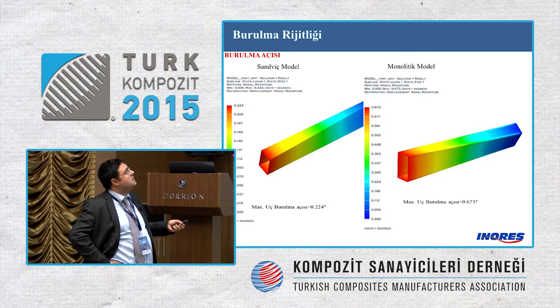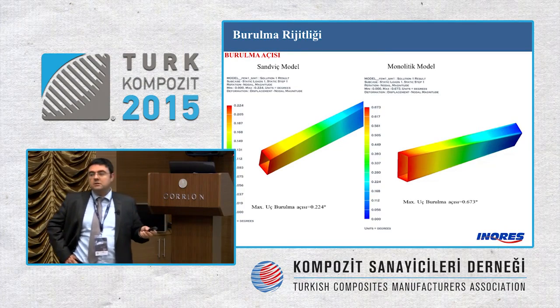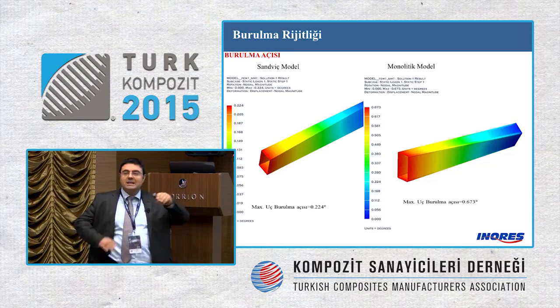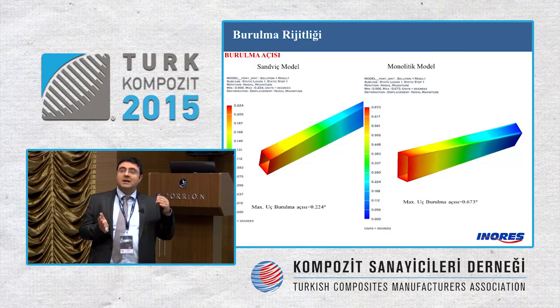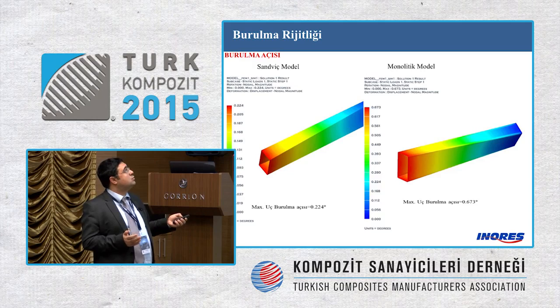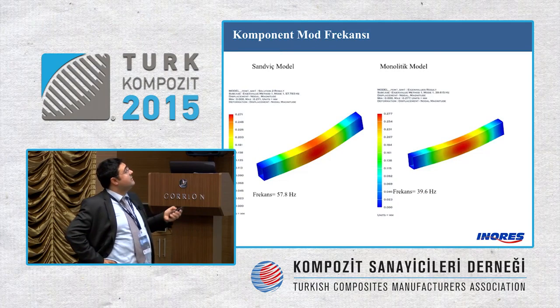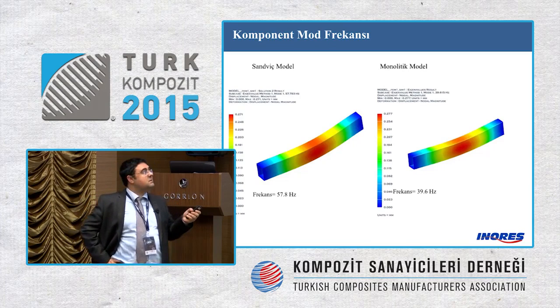The sandwich model and monolithic models are compared here. There is 0.20 in sandwich and it's 0.67 for the monolithic model. The maximum tip twisting angle. Of course, numerical methods or analytical methods can be used to calculate these differences or frequencies.